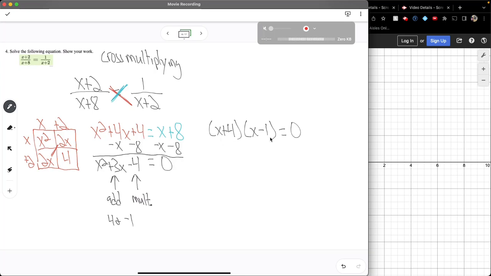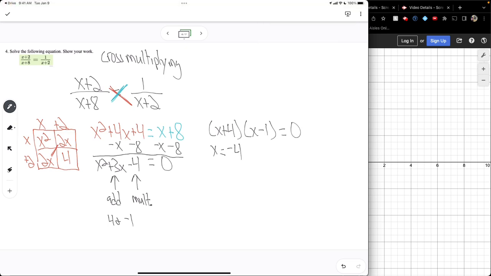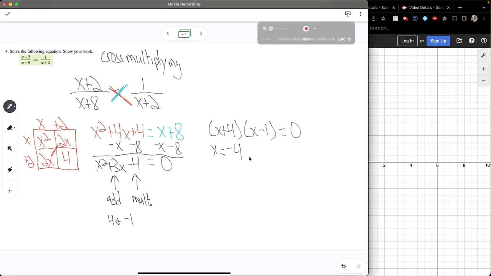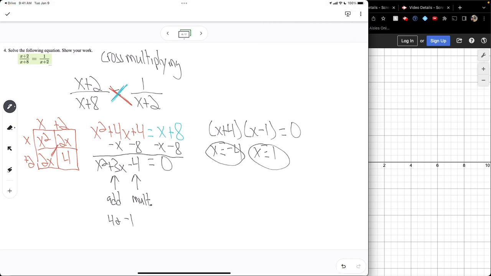Essentially, I can just flip the sign. For x plus 4, my solution is x equals negative 4. And for x minus 1, my solution is x equals positive 1. There are two answers, x equals negative 4 and x equals positive 1.